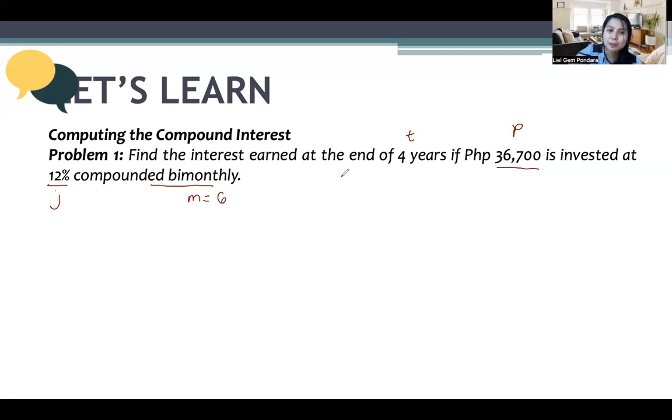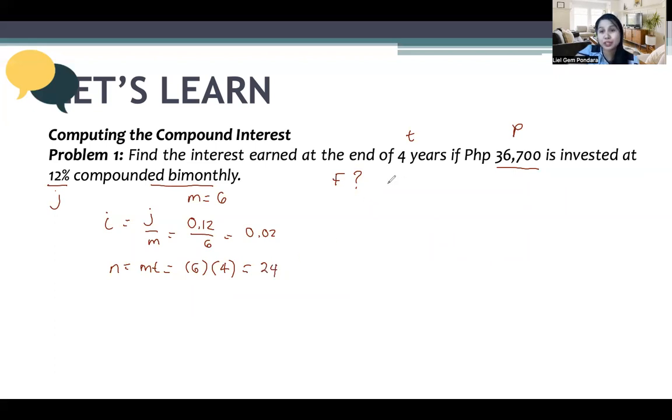We still need to compute for the future value because it's not available. So our interest rate is J over M. That's 12% divided by 6, that's 0.02. Our N is M times T, bi-monthly times 4 years, it will give you 24.